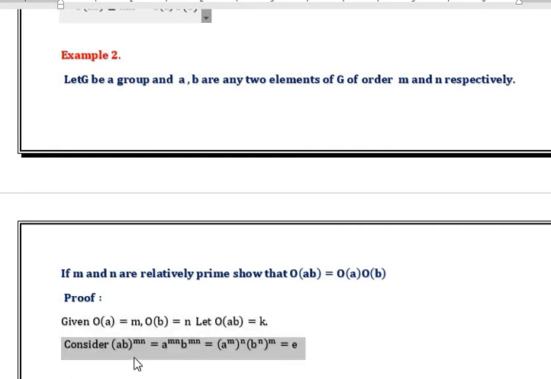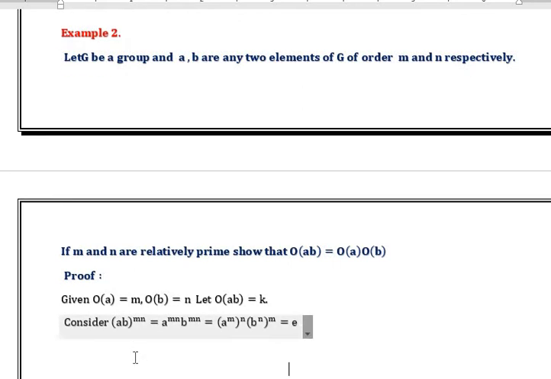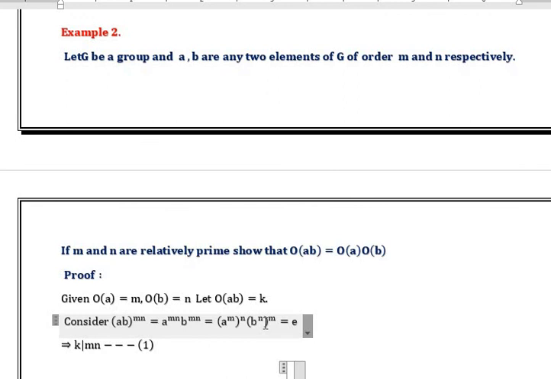Consider AB to the power of mn. AB to the power of mn can be written as a power of mn into b power of mn. Just like the previous example, it is a power of m whole power of n, b power of n whole power of m, that is equal to e, which implies that k divides mn. Treat this as equation 1.